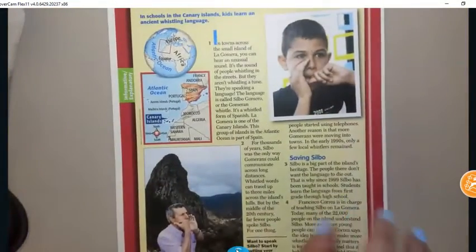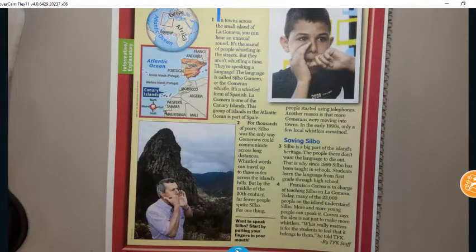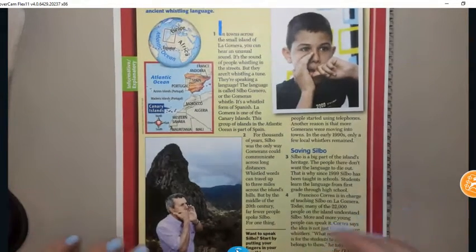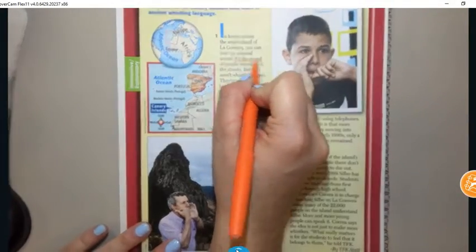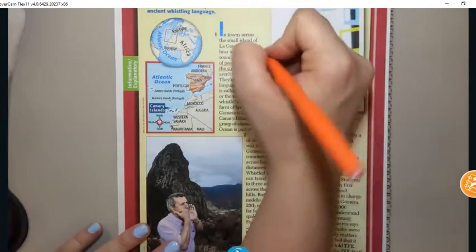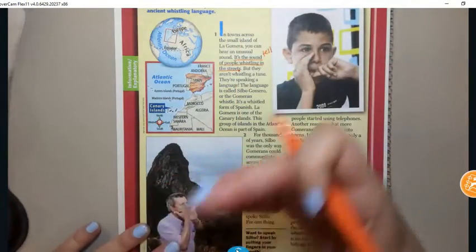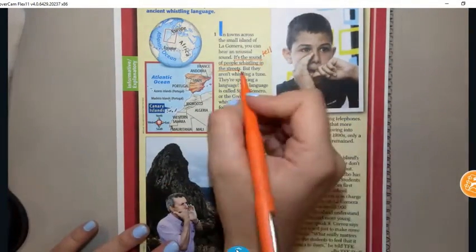So when I look at A Whistled Language, I'm going through here, and hopefully you've already read it, and I can see right here, it says, it's the sound of people whistling in the streets. This is a tell. They are literally telling you what you would be hearing.